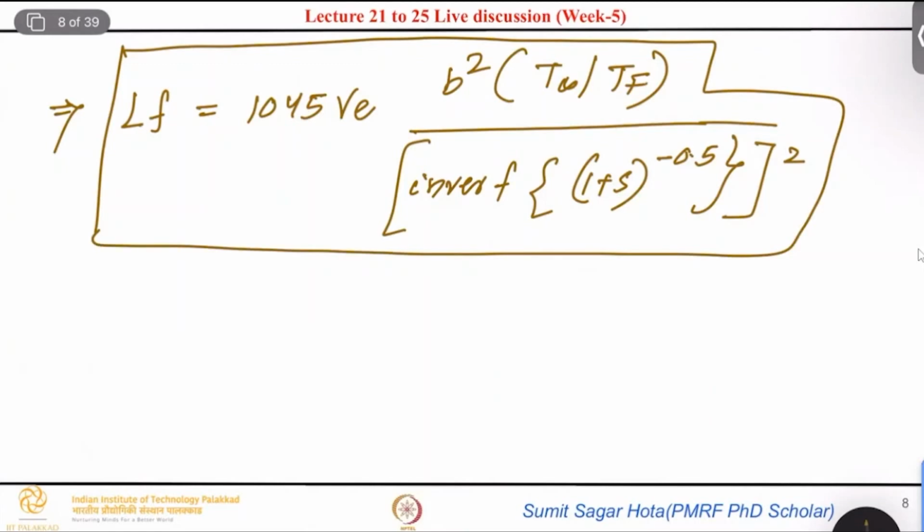This is the flame length for the square port.